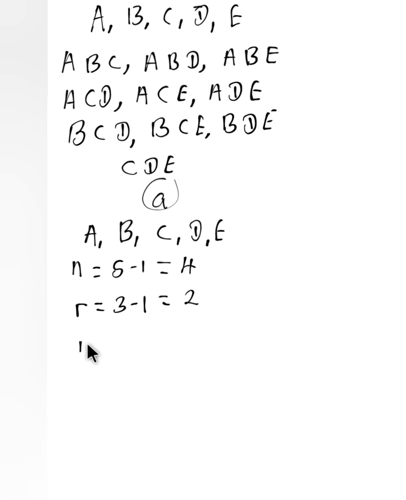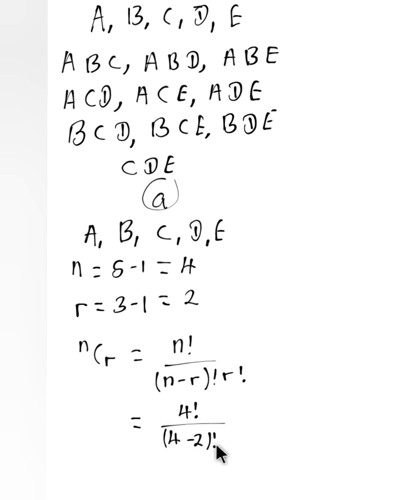Now remember that n combination r is equal to n factorial all over n minus r factorial r factorial. So this gives us 4 factorial all over 4 minus 2 factorial 2 factorial. If we simplify further, we have 4 factorial all over 2 factorial 2 factorial.